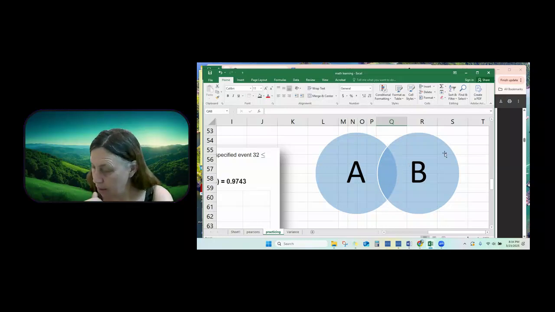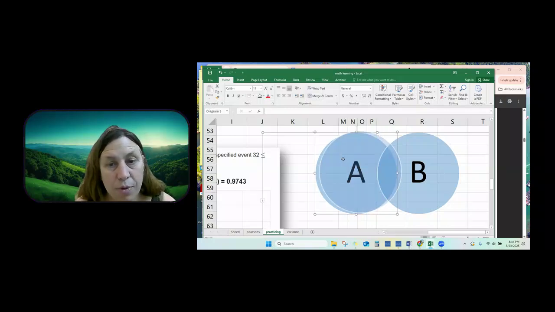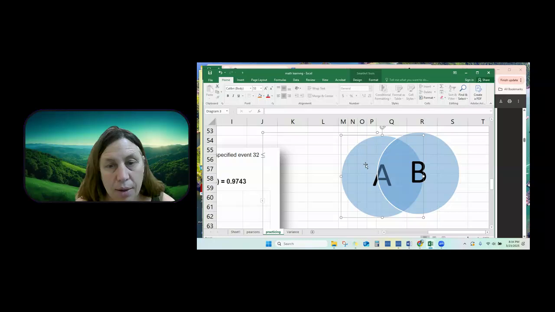Now, the multiplicative rule is about the odds of something being in this little overlap area. You can't add them, that's not possible, but say the chance of it being in A is 50%, and the chance of it being in B is 50%, 1 over 2, 1 over 2.